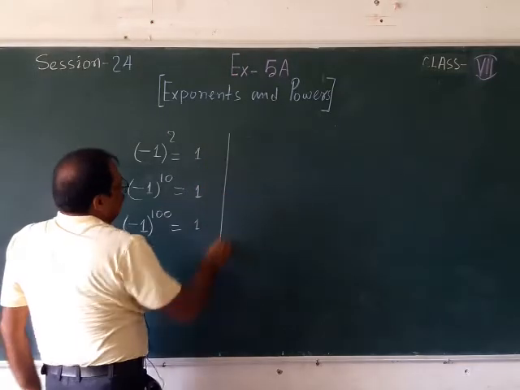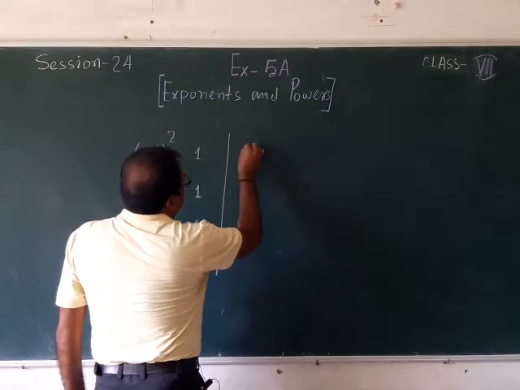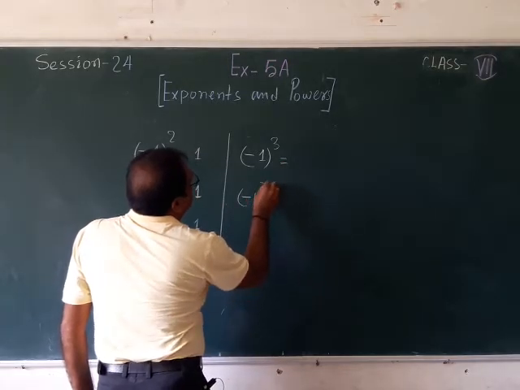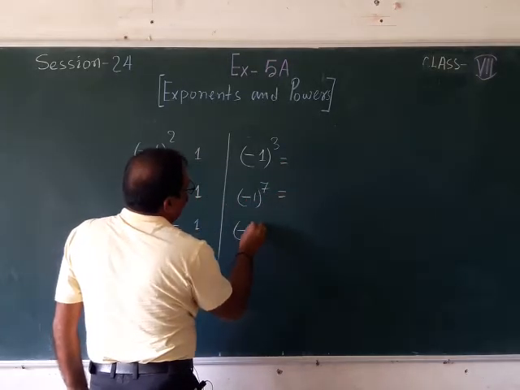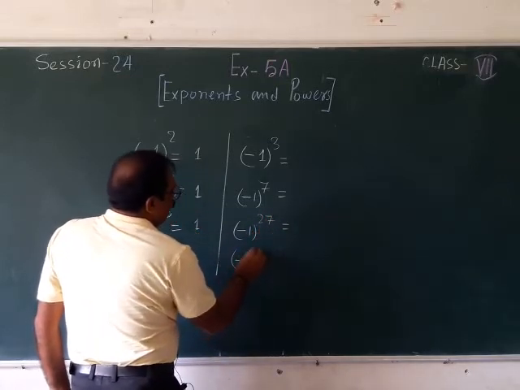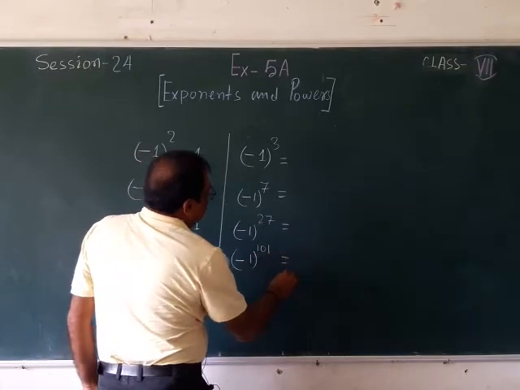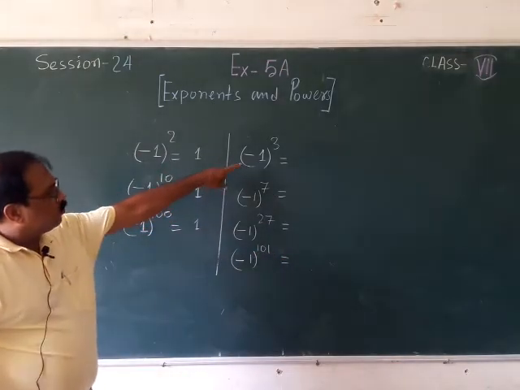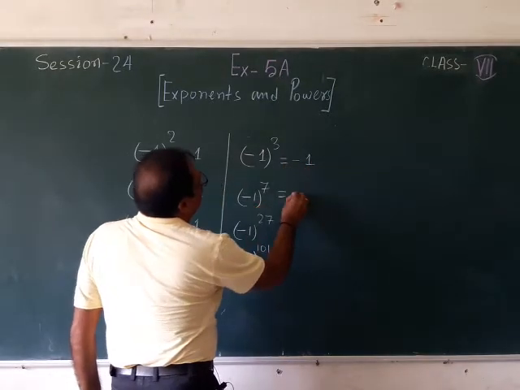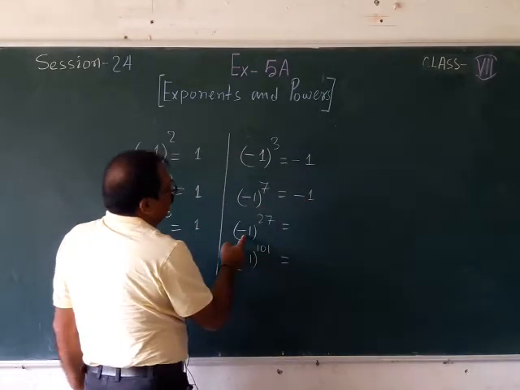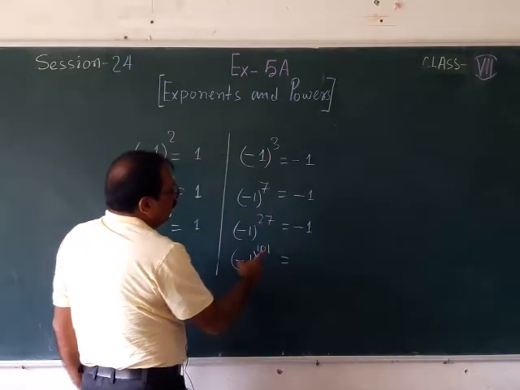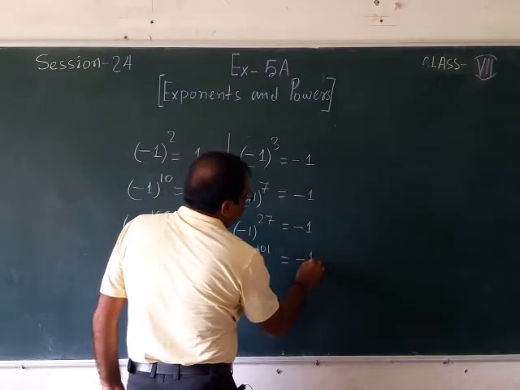On the other hand, if I am writing minus 1 to the power 3, minus 1 to the power 7, minus 1 to the power 27, and minus 1 to the power 101, here you can see minus 1 to the power 3, its value will be minus 1. Minus 1 to the power 7, its value will be minus 1. Minus 1 to the power 27, its value will be minus 1. And minus 1 to the power 101, its value will be minus 1.